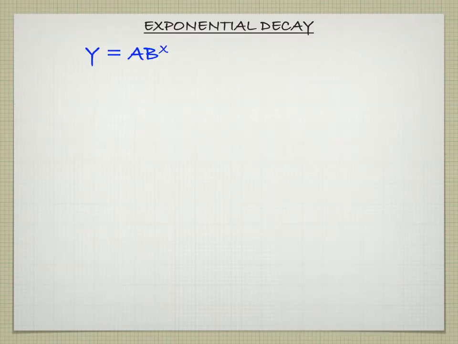Okay, this is kind of a recap of what we just talked about, so I'm going to go really quickly through it. But here's your model from yesterday. There's your formula, y equals a b to the x. Okay, and this is just kind of giving you the restrictions on that. So a is always a positive number, okay, which is your starting value. If it's exponential decay, b is between 0 and 1.